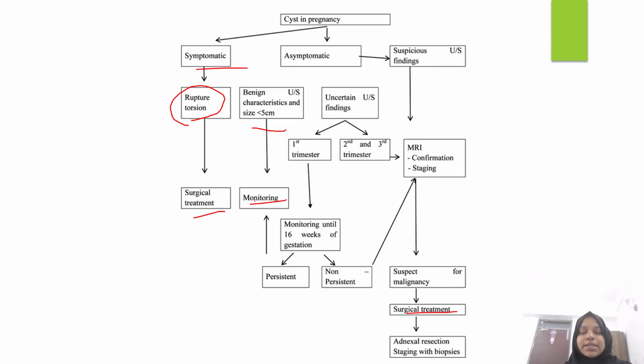You have to repeat the ultrasound some time later to see if it's regressing. If it's uncertain findings, monitor until 16 weeks of gestation if found in the first trimester, and if it's persistent, again monitor, and if there are any malignant transformation changes or any suspicious findings, you may have to operate. If it's non-persistent, you can leave it.